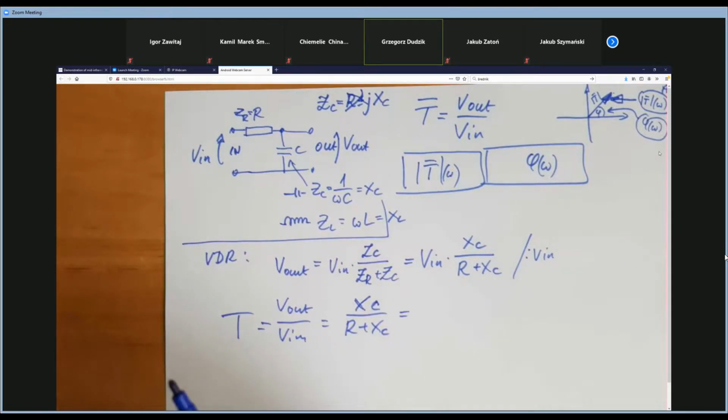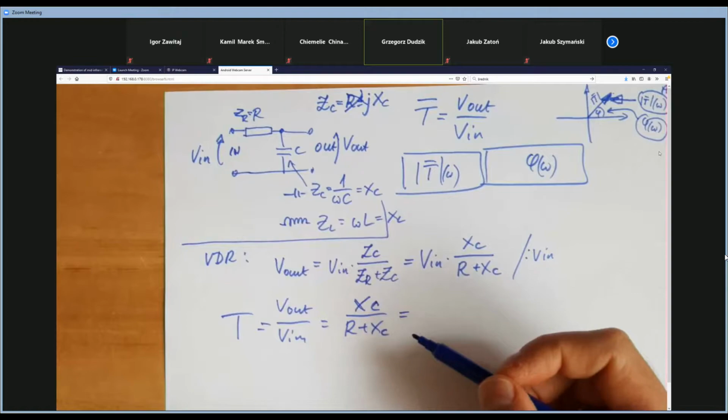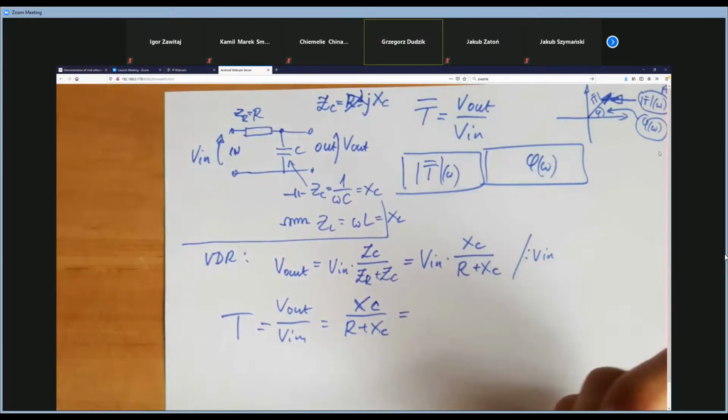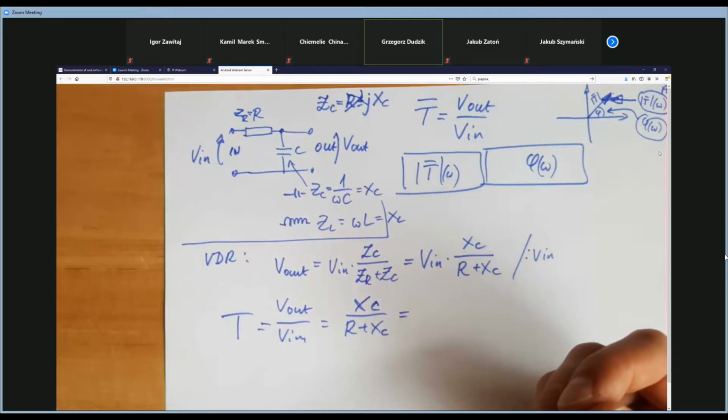However, the J is important. We have to indicate which component is the imaginary part of the transmittance, and which one is the real part of the complex number of the transmittance. So in fact, I told you that the minus here is not important.